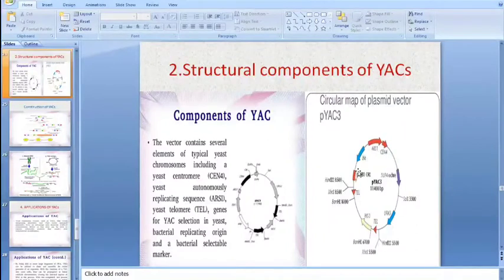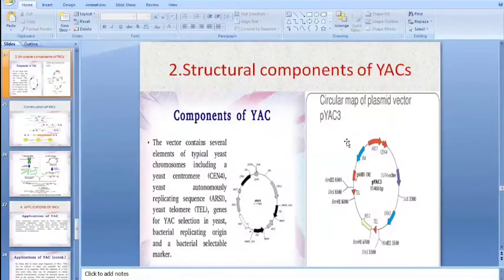That is nothing but selectable markers. And these are the four important parts, or components, of YAC, which are derived from the yeast cell.